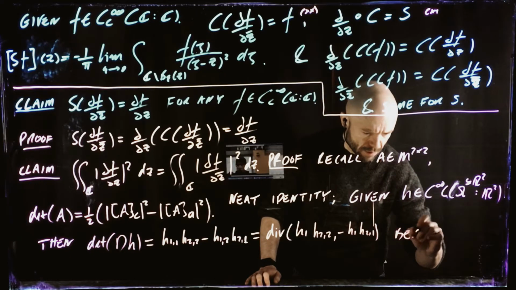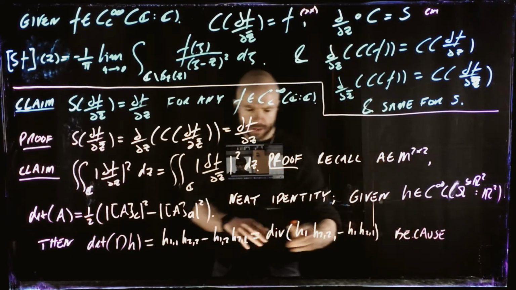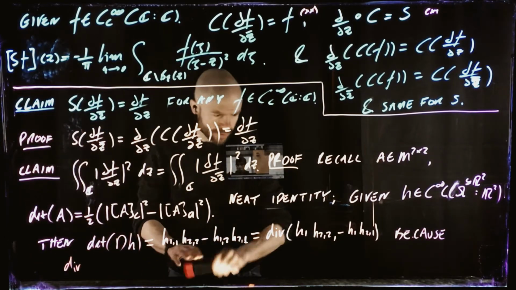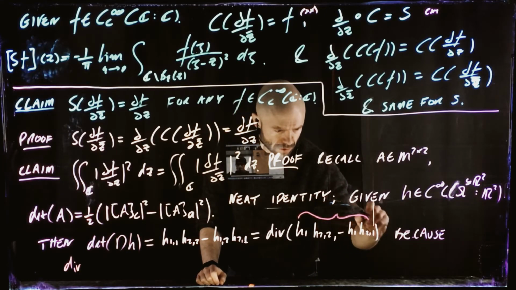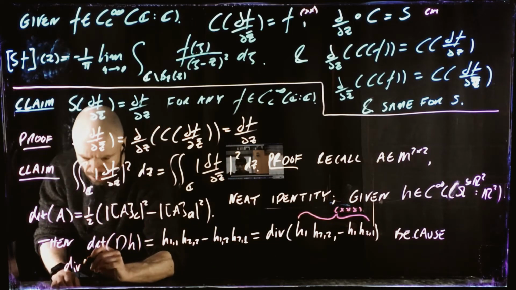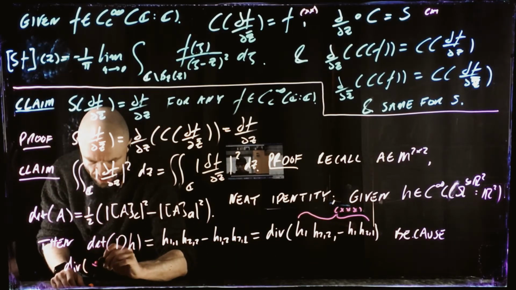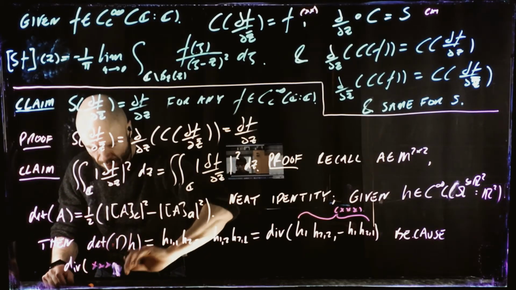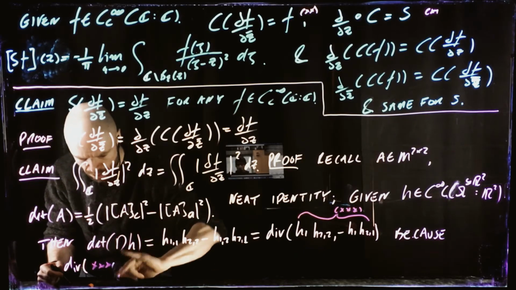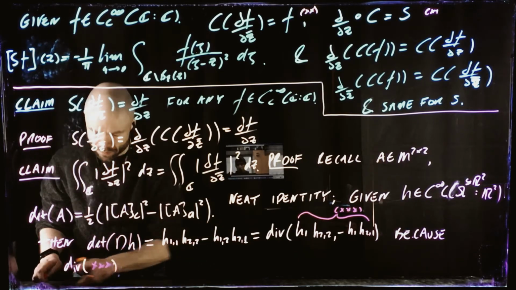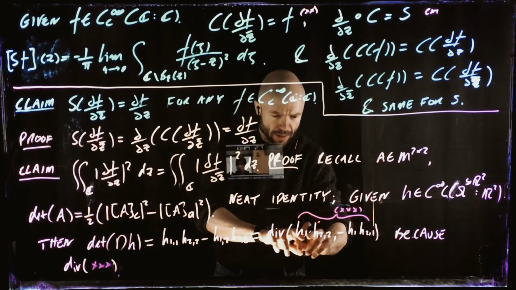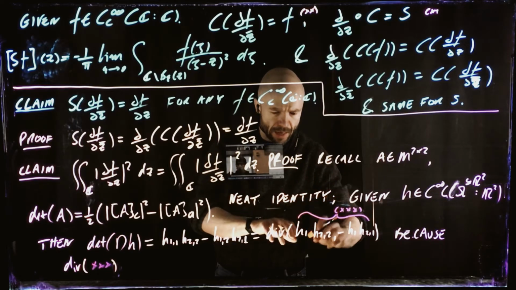Because if we just apply the divergence of this expression, let's just call this thing star, star, star, the divergence of star, star, star is what? So we apply the divergence first to the h1 and then to the h2,2.